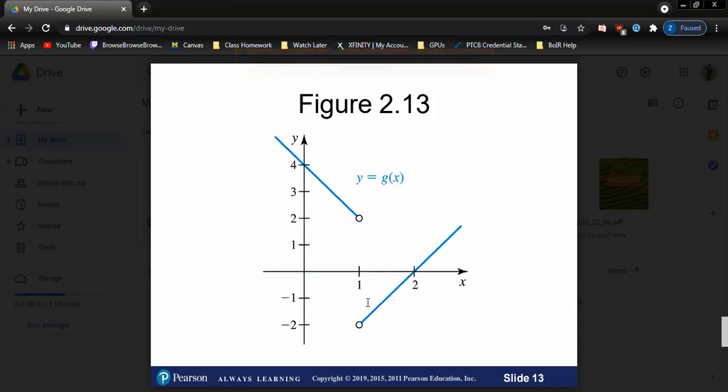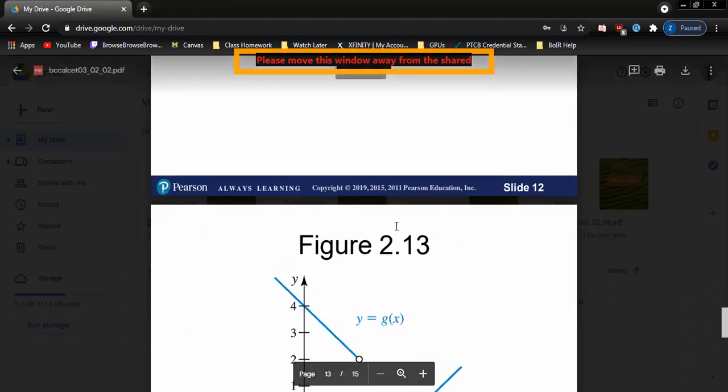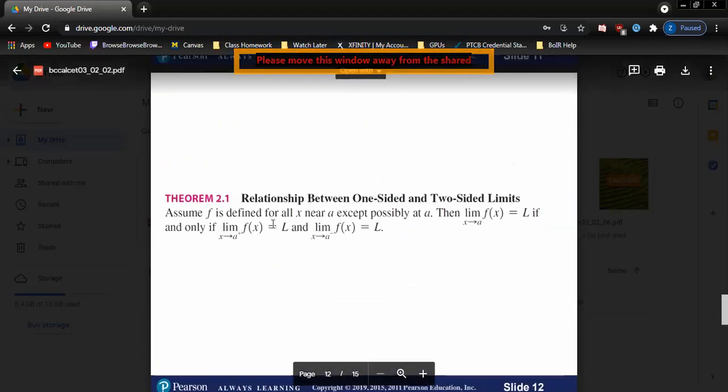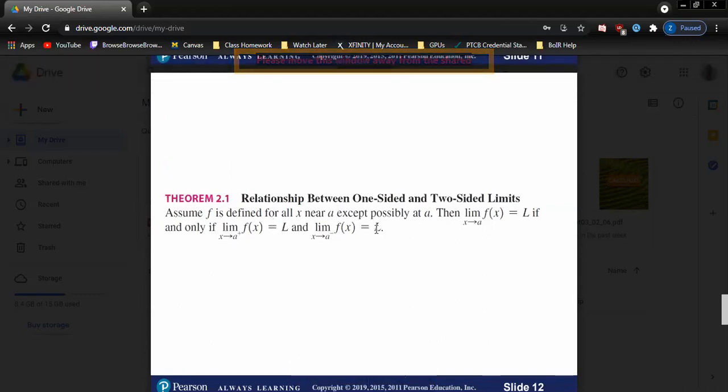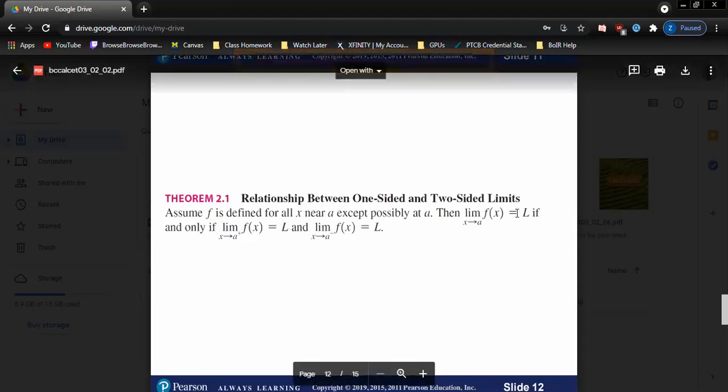The question is, when x approaches 1, what is the limit of this function g of x? Isn't it undefined because there are 2 limits? Exactly, very good. Our definition says, if you remember, that the left-sided limit and right-sided limit have to be equal for the limit to exist.